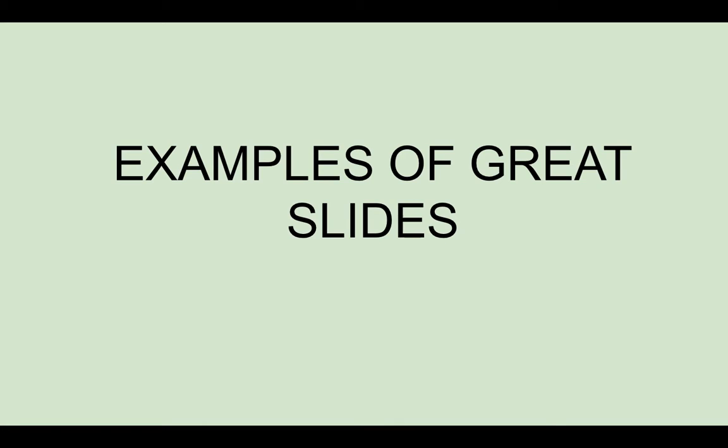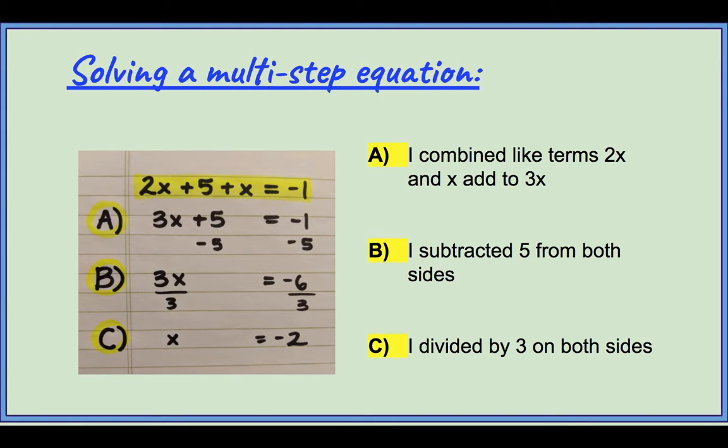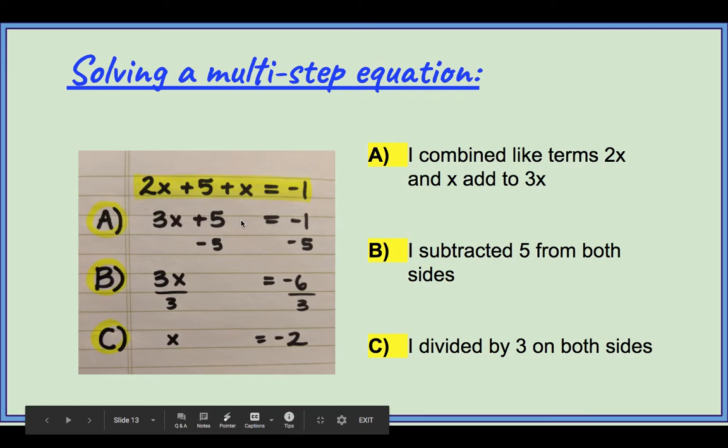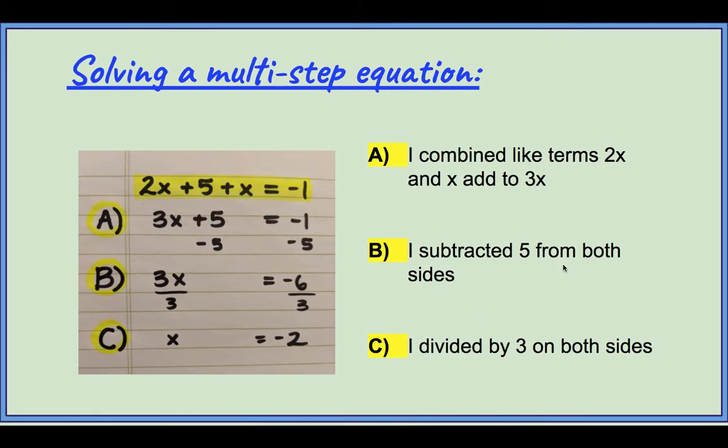Here is an example of a great slide for you. So here we have a title, we have a neat picture, and notice that everything corresponds clearly and concisely. So step A goes with step A. Step B goes with step B, step C goes with step C. The picture is neat, and then everything over here, my justification is typed.